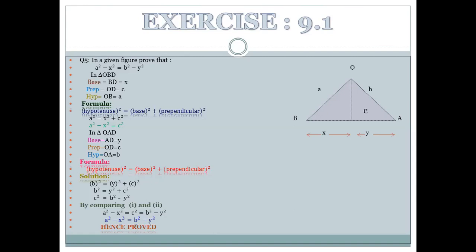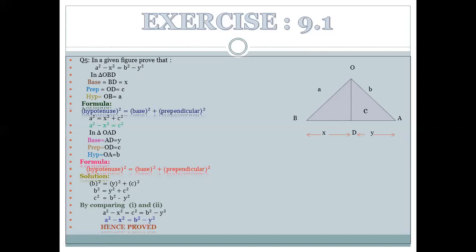In this, an oblique triangle is given, and they divide the vertical, they divide the angle O in two parts, and this oblique triangle now converts into two right angle triangles, which are OBD and OAD.